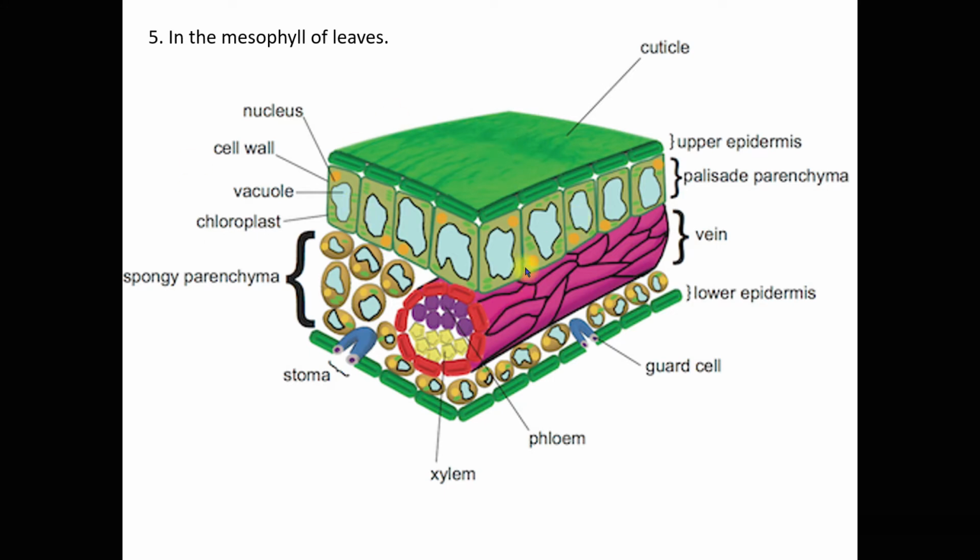So now in the mesophyll of a leaf, these parenchyma cells are known as the palisade parenchyma or palisade mesophyll, and this is the spongy mesophyll or spongy parenchyma. Berbeza kan? Palisade ni dia squarish, and this spongy they are spherical. These are the only parenchyma cells that have chloroplast: the palisade parenchyma and the spongy parenchyma.